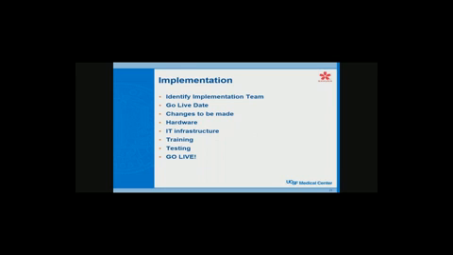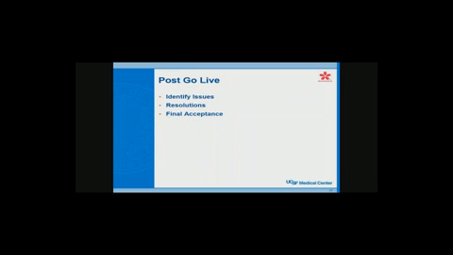So during preparation, we're looking at identifying the resources that we have available, workflow modifications that we may need to do, identifying software vendors that would fit for our system, any kind of hardware that we think we need, and IT infrastructure. And then the implementation part is you're identifying a team to do the implementation. You set a go-live date, and this is something that we tied into our performance goals.